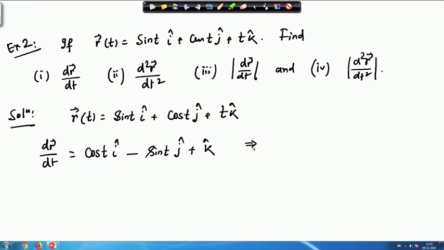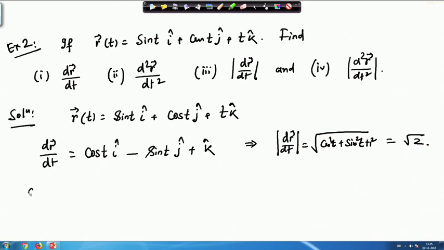So, mod of dr/dt would be the square root of cos² t plus sin² t plus 1². Cos² t plus sin² t is 1, and 1² is 1. So, this is basically square root of 2.